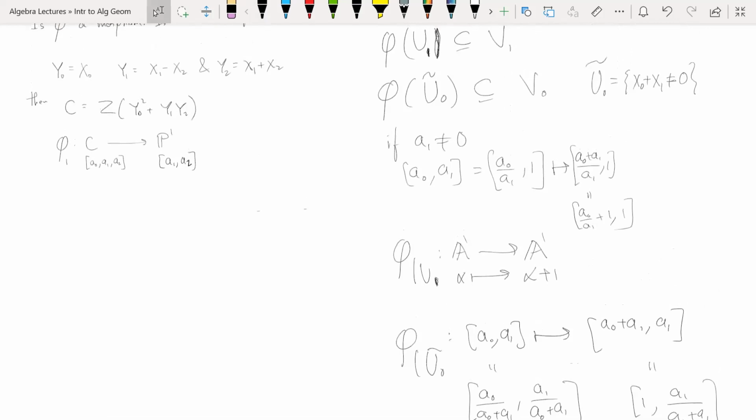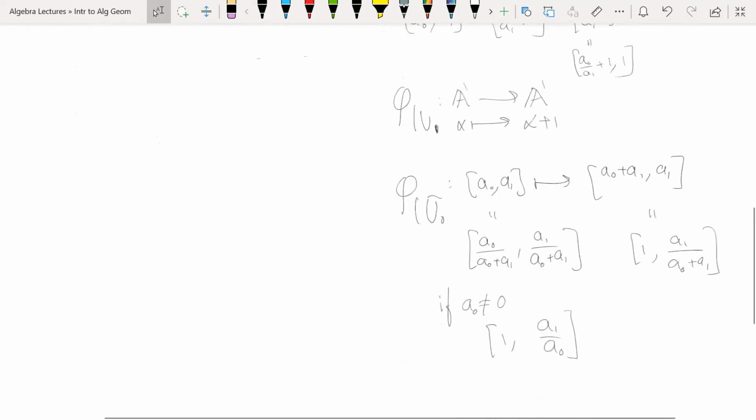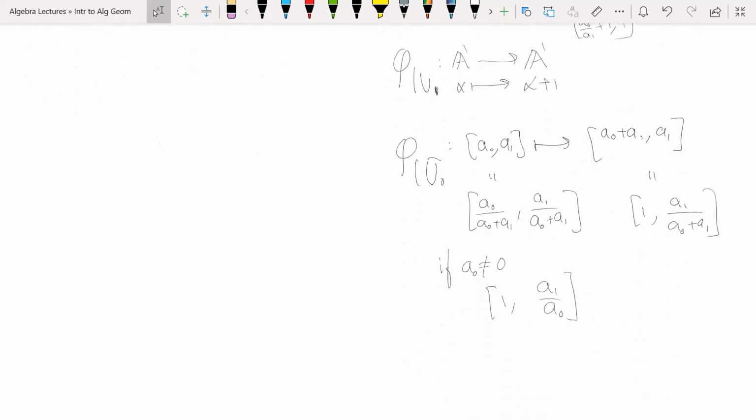So if A1 is not equal to 0, the map is given by alpha goes to alpha plus 1. If A0 is not equal to 0, this is A1 over A0. And so that is the only point one has to worry about, but it is captured in this chart.